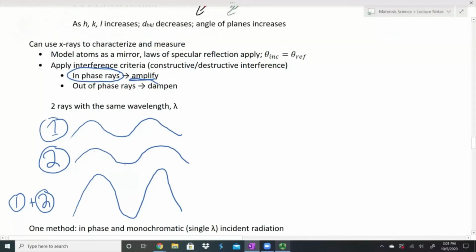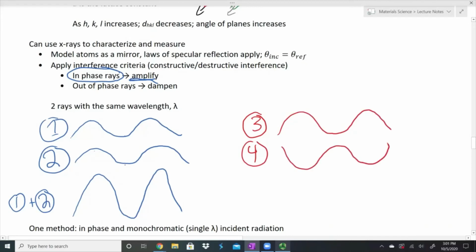If I have wave 3 and 4, and they're out of phase, when I add them together, well, I have a large number here and a small, negative number here. So that's going to basically add to 0.